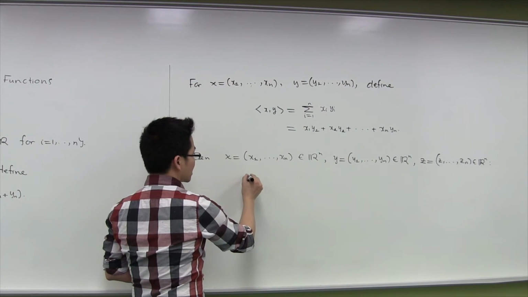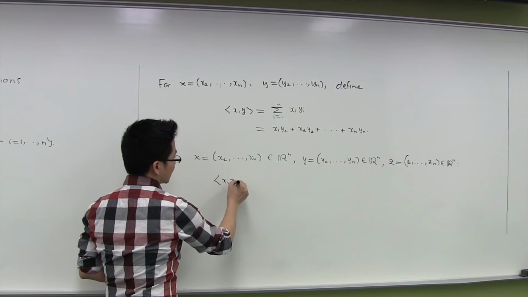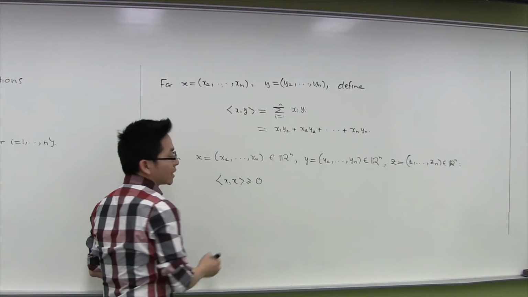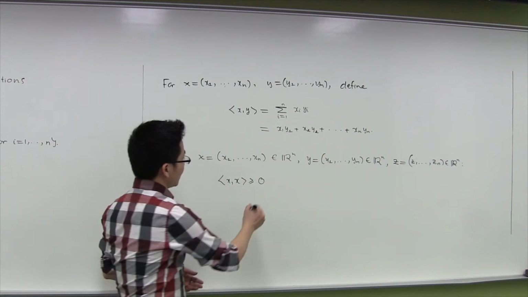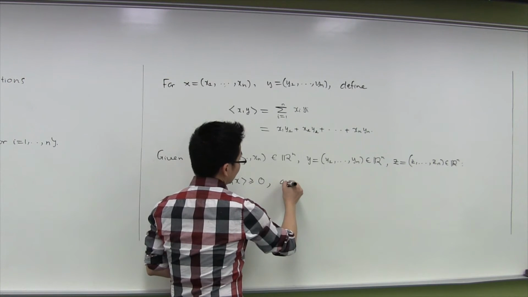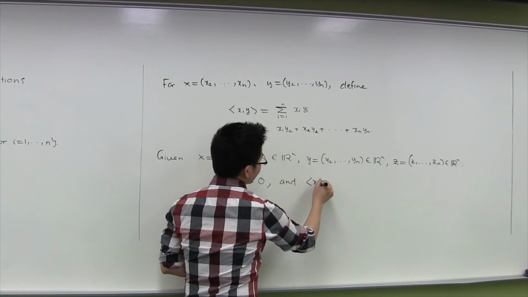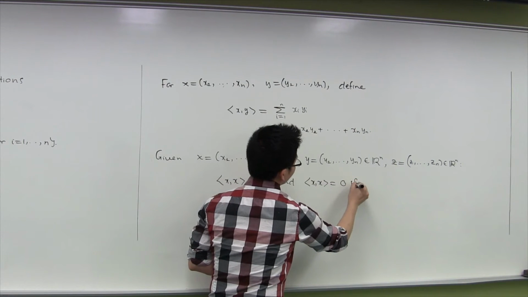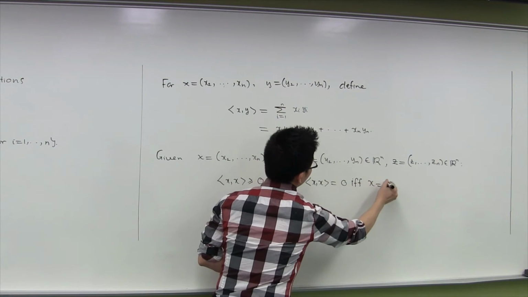The inner product of x and x is always greater than or equal to 0, and the inner product of x and x is equal to 0 if and only if x is equal to 0.